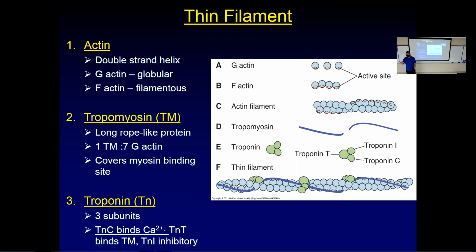So in order to keep us from just being one giant muscle cramp all the time, we have to have this regulatory protein called tropomyosin, which looks like a rope, okay? It's going to cover the length of the actin filament, and it sits down in and covers up the myosin binding site on the actin.